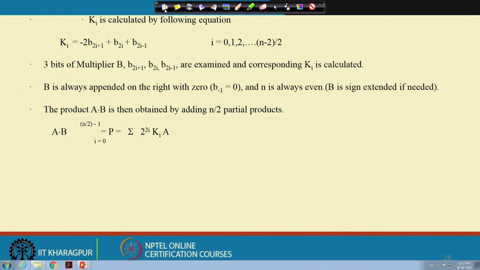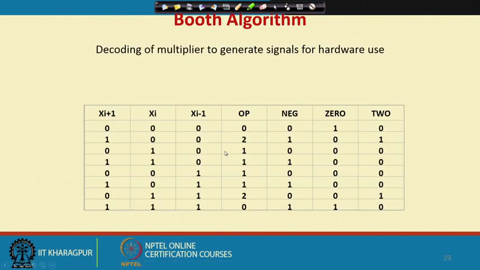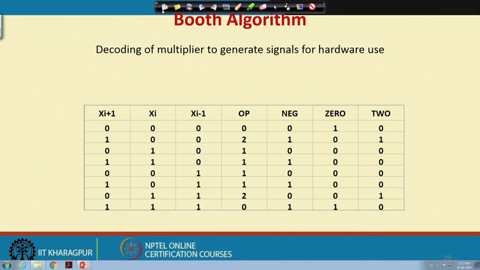Based on this, the recoding for 0 0 0 is that the operation is basically 0. This is the decoding technique using this Booth multiplier.